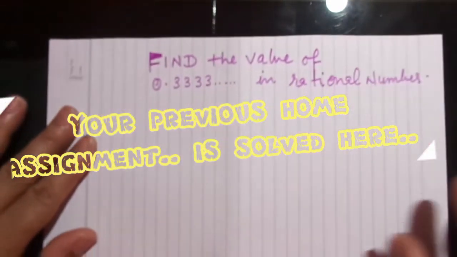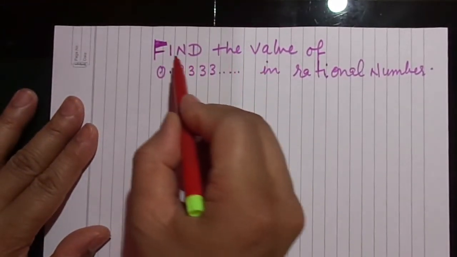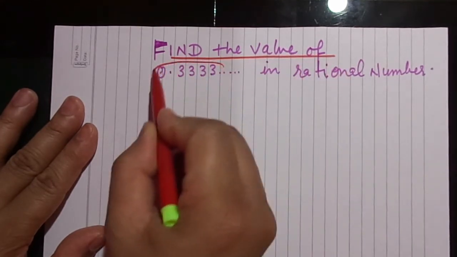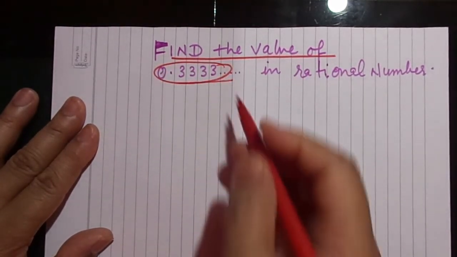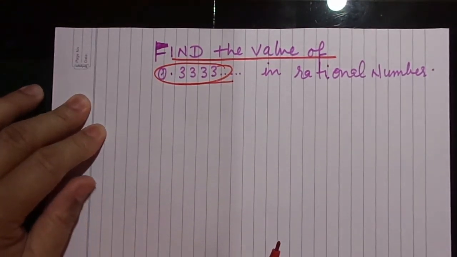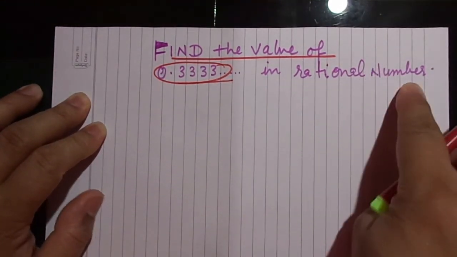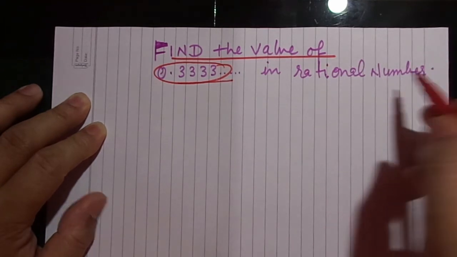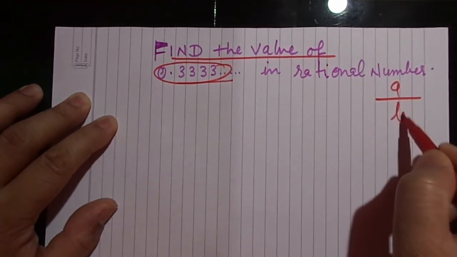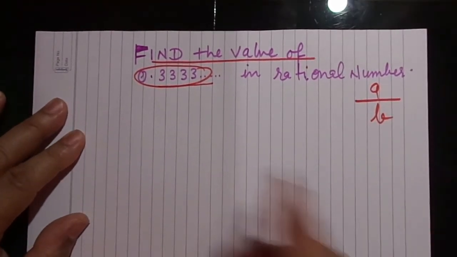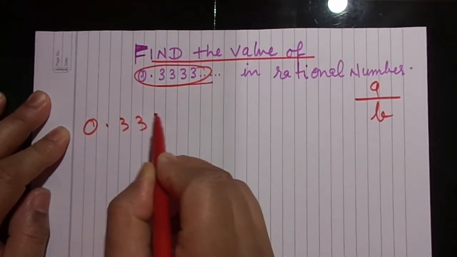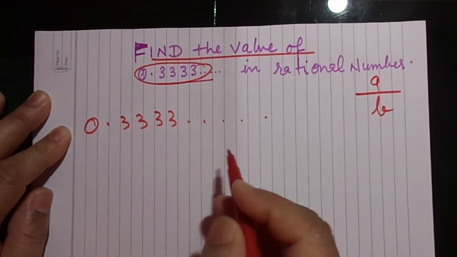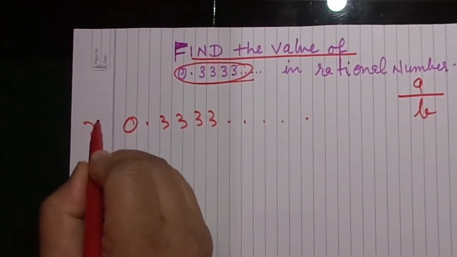Before we end the session, I remember that I had given you a value to find in rational number form. This was a repeating decimal and I had told you to convert it into a rational number, in the form of A by B. Now this 0.3333, as it goes on, can be taken as x.